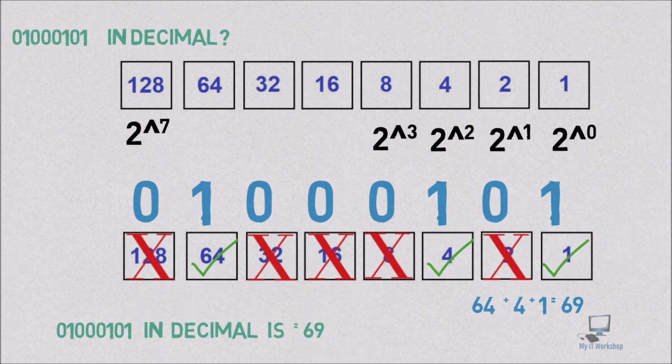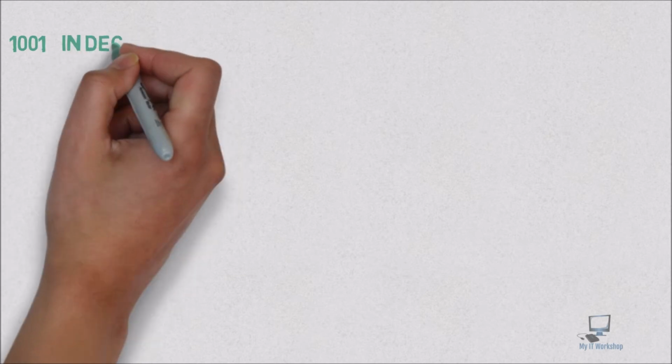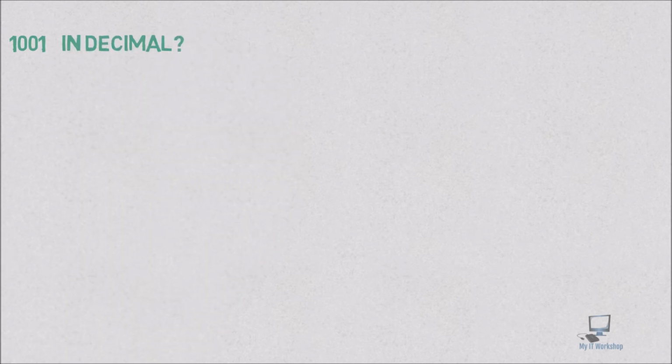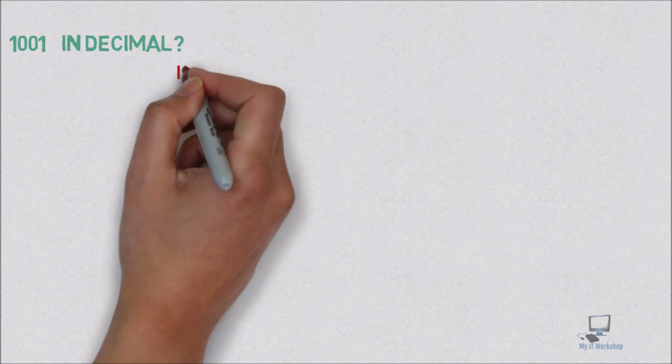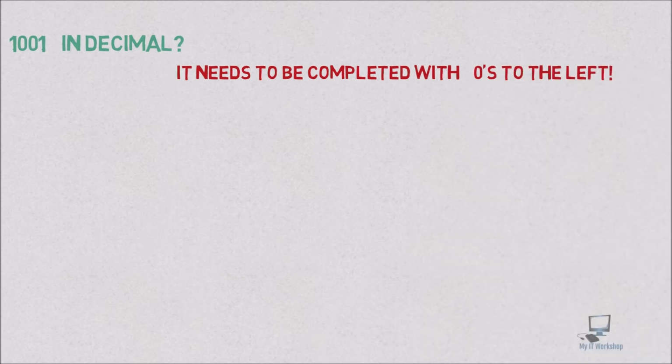Okay. Let's go to the next exercise. This is going to be a little smaller. What about 1001 in decimal? But we only have 4 numbers. We are used to 8. So how is this going to work? Well, the way this is going to work is that we need to complete this binary number with zeros to the left.